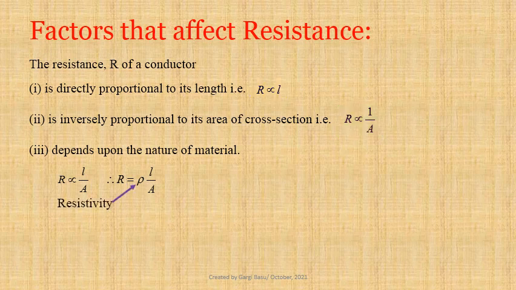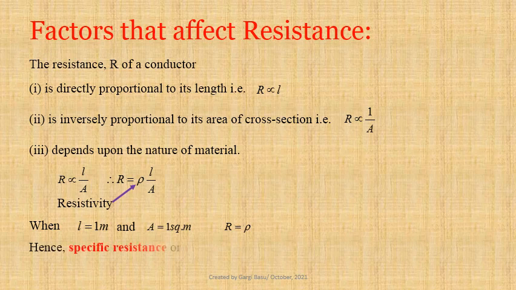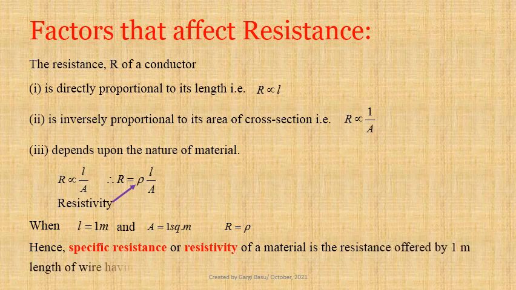or specific resistance. When L equals 1 meter and A equals 1 square meter, R equals rho. Hence, specific resistance or resistivity of a material is the resistance offered by 1 meter length of wire having an area of cross-section of 1 square meter.